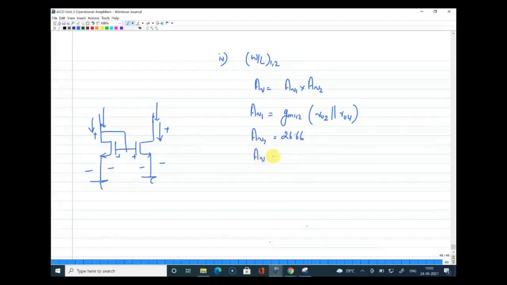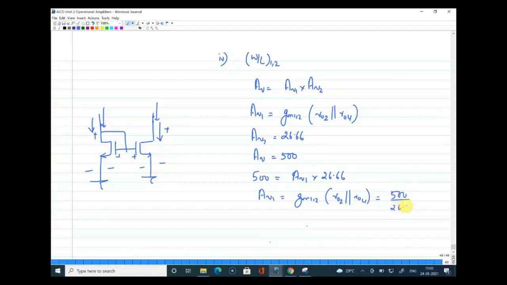So the total voltage gain is given as 500, so I can write 500 is equal to AV1 into 26.66. AV1, which is GM of 1, 2 into R02 parallel to R04, is equal to 500 by 26.66.